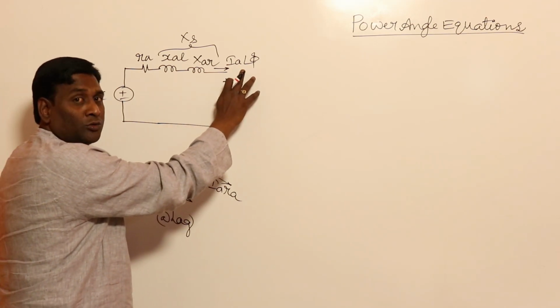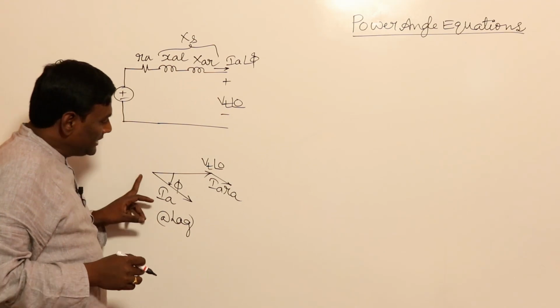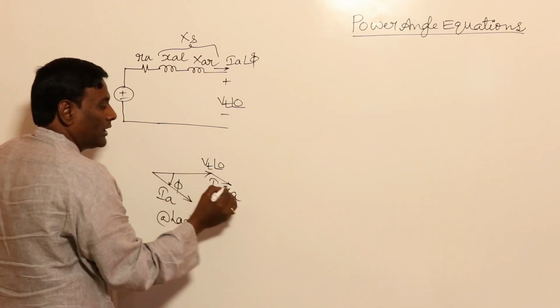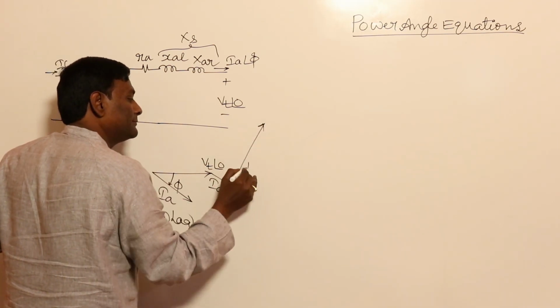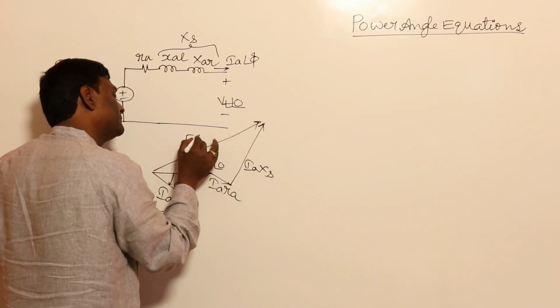In an inductor, current should lag behind voltage by 90 degrees, so voltage should lead current by 90 degrees. If IA is here, IAXS will lead by 90 degrees, it will be here. So IARA plus IAXS is going to be EF.